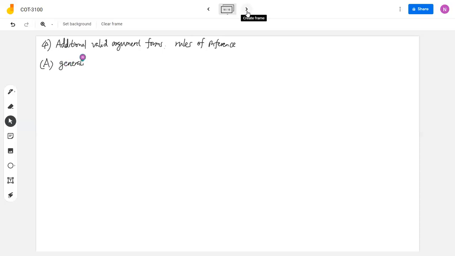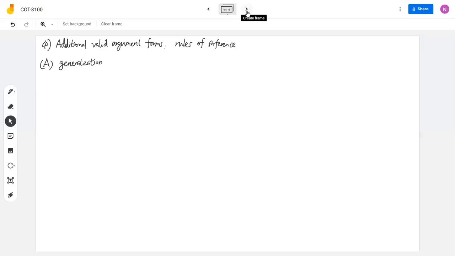All these rules are very straightforward, and it's just something you use every day. And here we just give you a name and make it more formal and more rigorous, so that you will be aware of which rule you are using when you construct your argument.